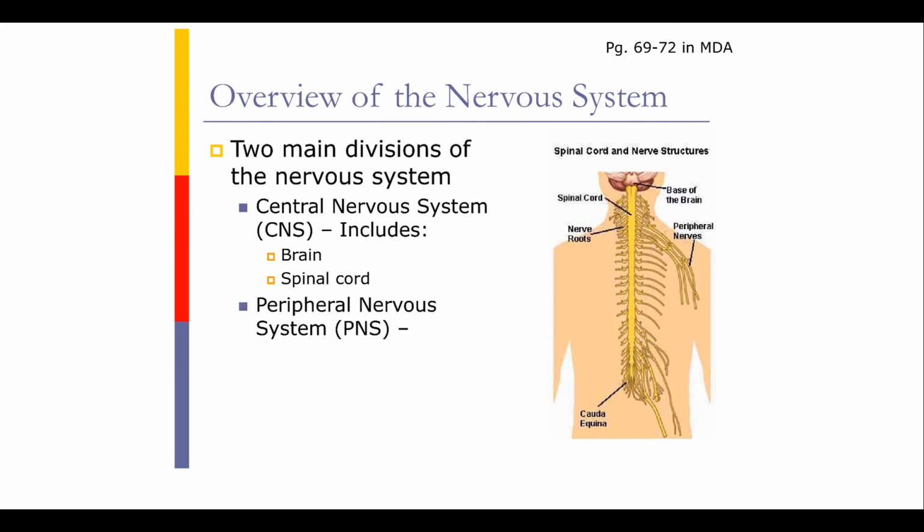Then the second part of your nervous system, the nerves that branch out, is called the peripheral nervous system, or PNS. Now the word peripheral means to the side, or another derivative you would hear is periphery.